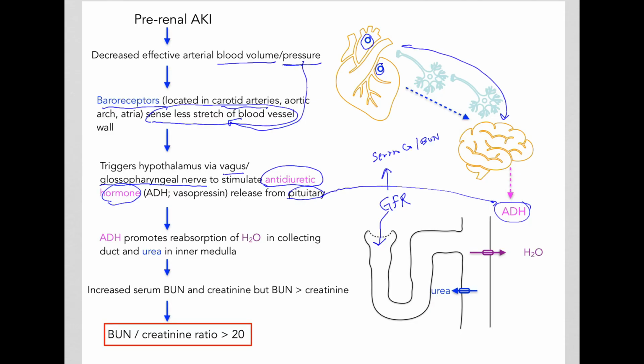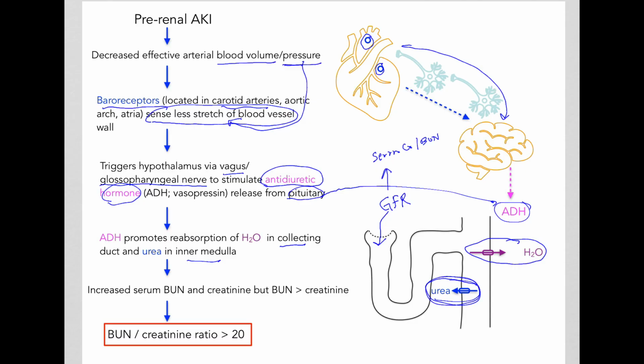The ADH will go to the kidneys, and in the collecting duct, the ADH will cause increased reabsorption of water, and in the inner medulla, the ADH will cause increased reabsorption of urea. So more and more urea gets absorbed.